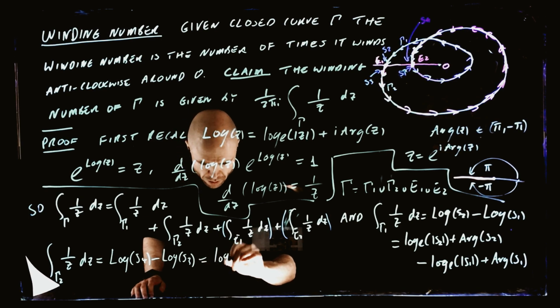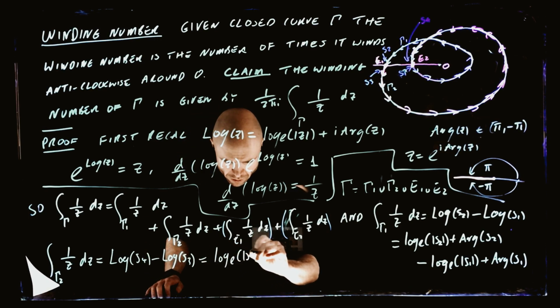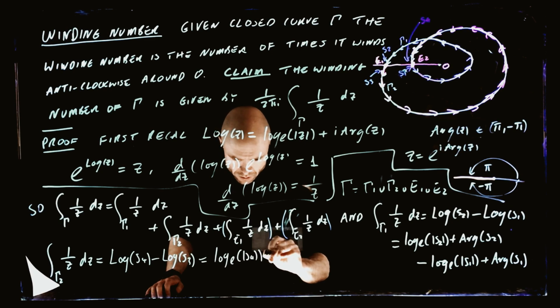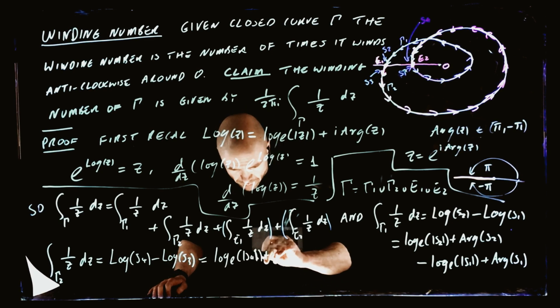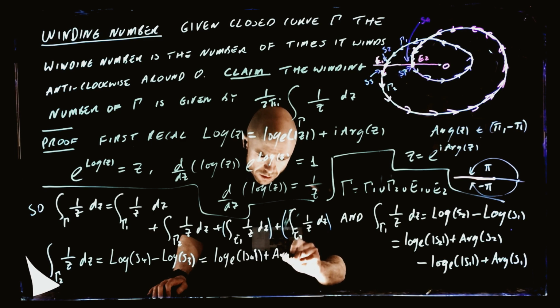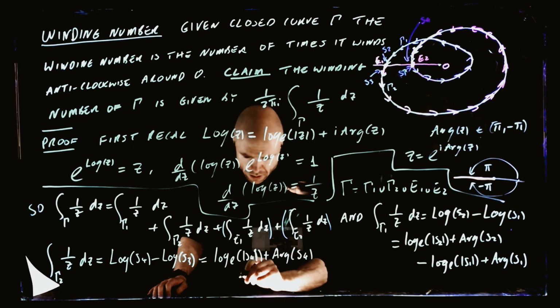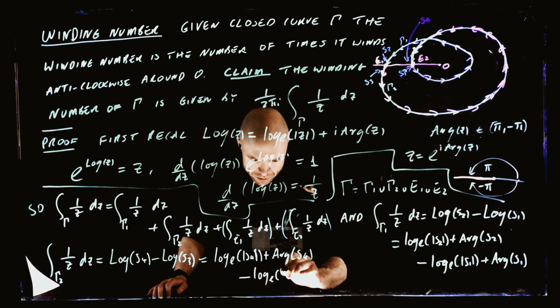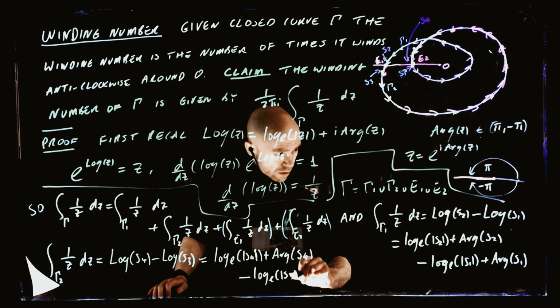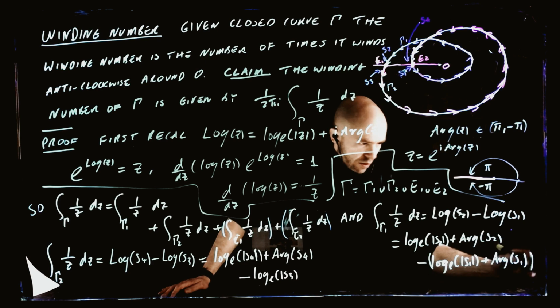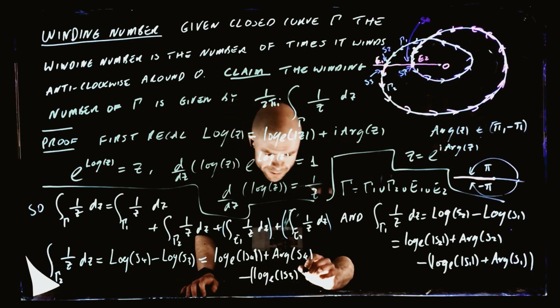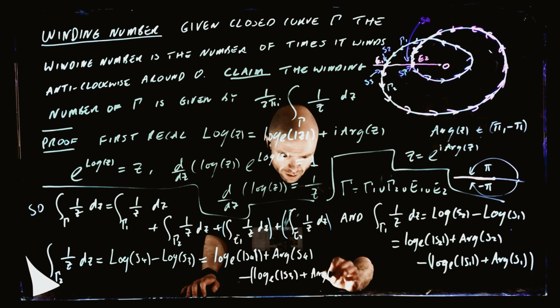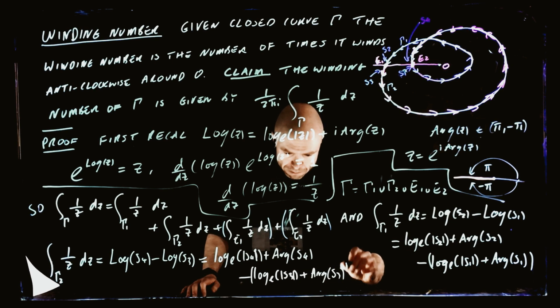That is log to the base e of the absolute value of S4 plus the argument of S4, minus log to the base e of the absolute value of S3, so I should put a bracket around here, plus the argument of S3.